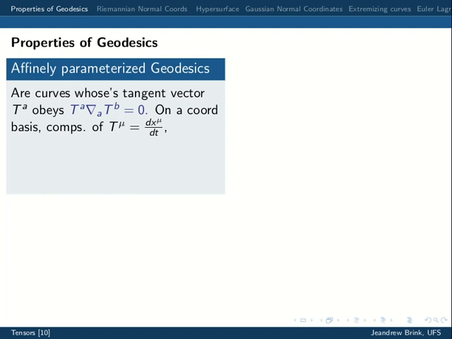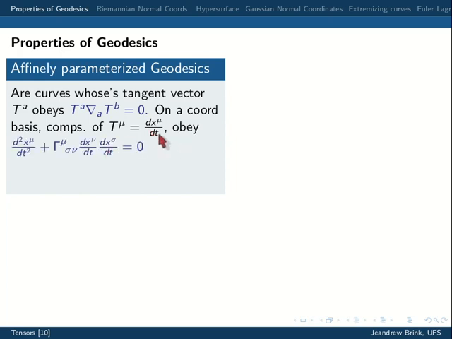Okay, and so this is the abstract index notation of writing that down. Remember, this is the parallel transport operator, and then instead of applying it to any vector, you simply apply it to the tangent itself. And if you're working in a coordinate basis and you have the coordinates as a function of parameter, then the tangent vector is just how those coordinates change as a function of parameter.